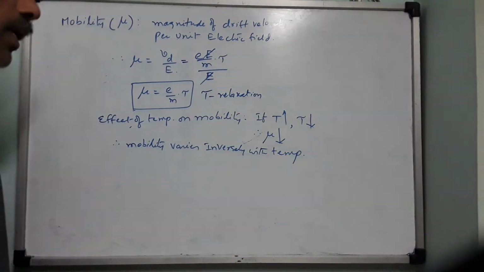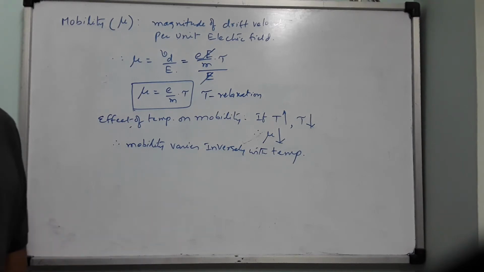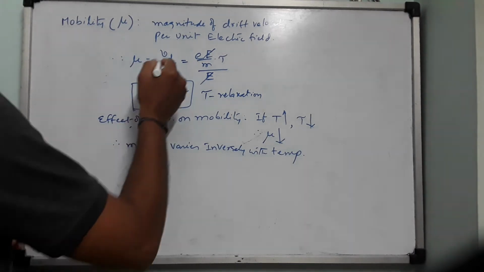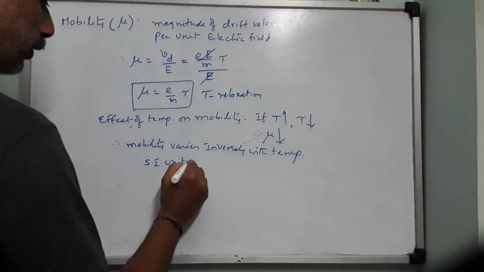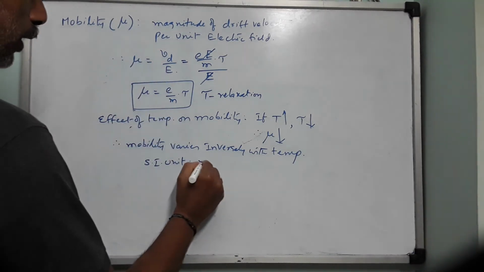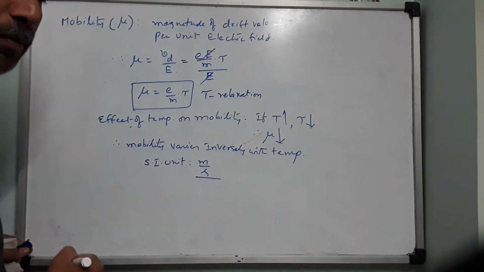The question will be asked like this for short answers. Define mobility of free electrons. What is the effect of temperature on the mobility, and what is the SI unit of mobility? The SI unit you can write from this basic equation. Drift velocity is measured in meter per second, divided by electric field, which is measured in what?